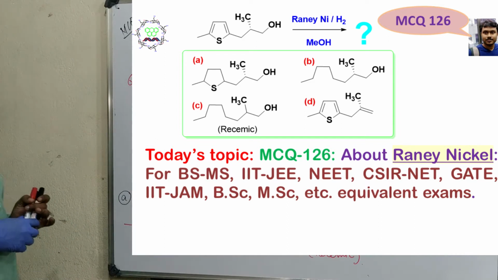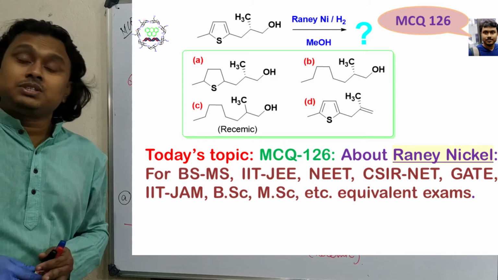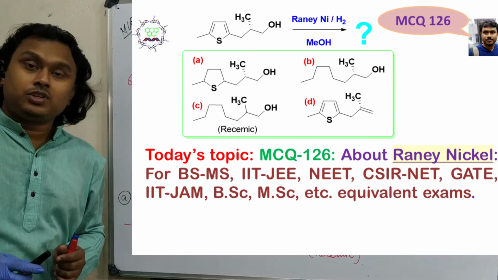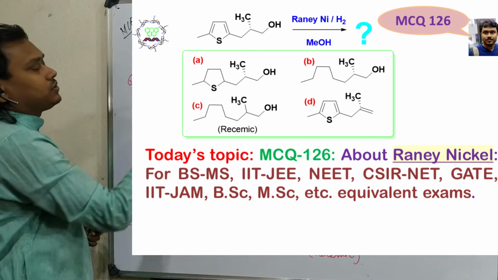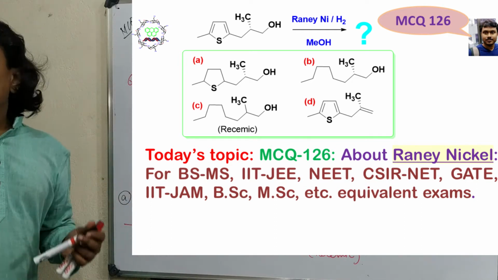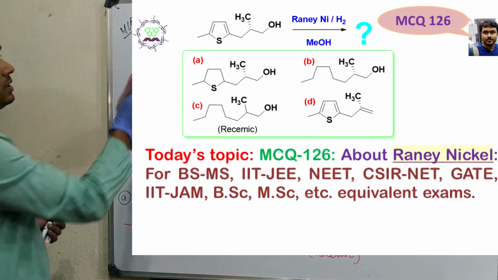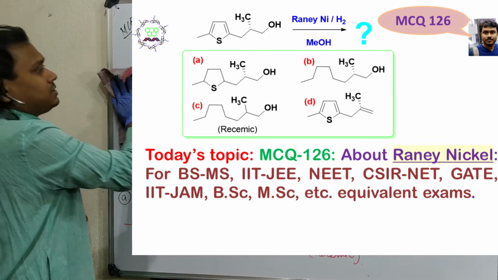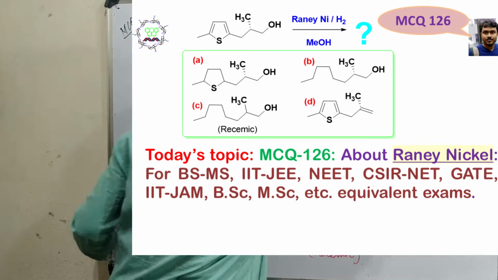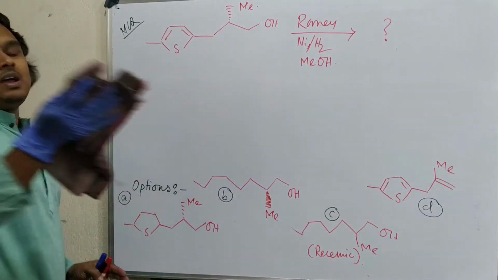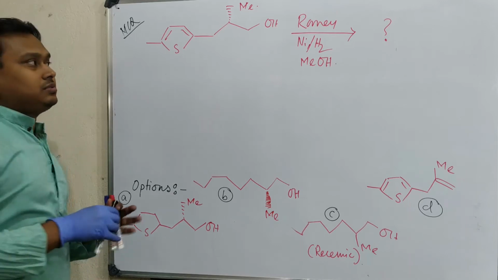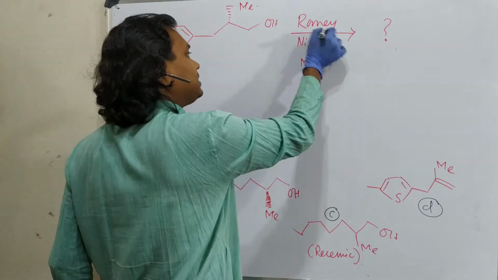See, in such cases I request you students, please read the problem carefully and look at whatever is asked. This molecule is given in front of you, and Raney nickel is given as a reagent, in presence of methanol. Along with Raney nickel, hydrogen is also there, because Raney nickel contains hydrogen.